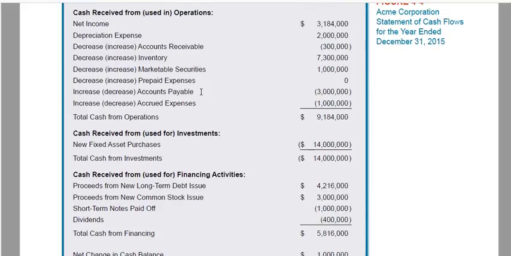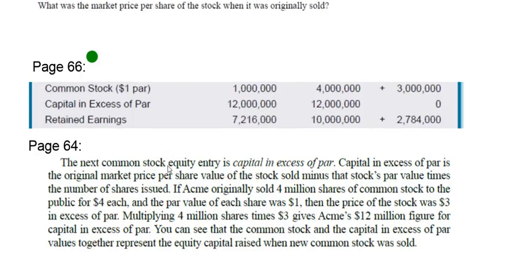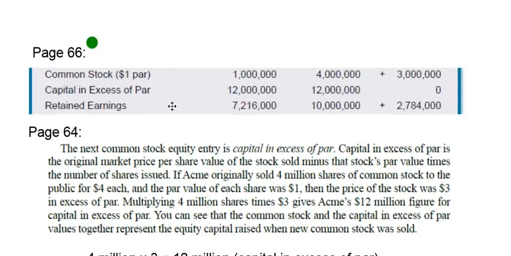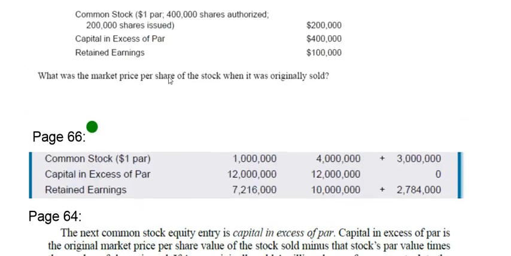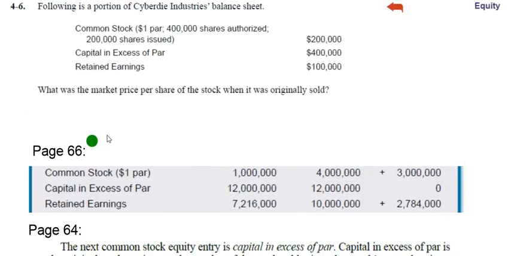So the one we're concerned with is this part that I cut out, which is the common stock, the par value, the capital in excess of par. That's really what we're concerned about here, because that's what we're looking at in our problem.